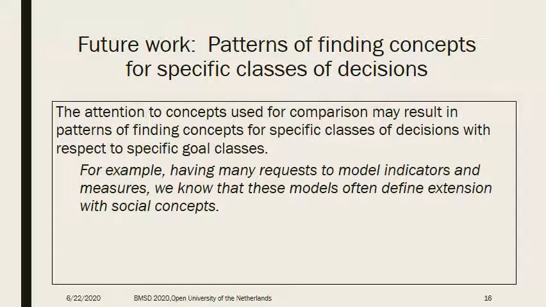The attention to concepts used for comparison may result in future in patterns of finding concepts for specific cases of decisions with respect to specific goals. For example, having many requests to model indicators and measures, we know that these models often define extensions with social concepts.